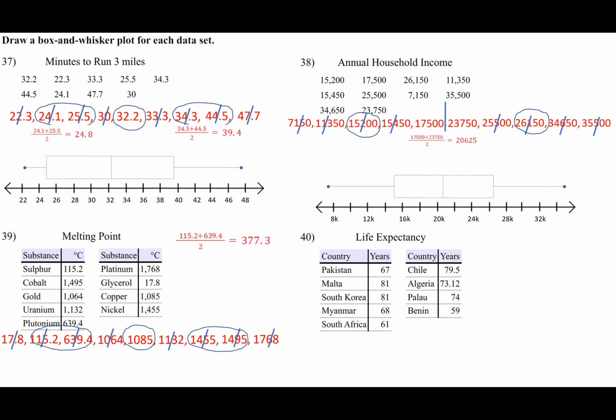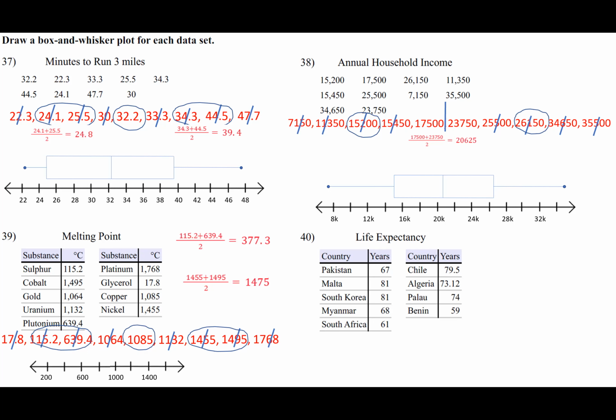For me to know exactly what's in between, I add my numbers and divide by 2, and that gives me 377.3. Now the upper quartile is in between 1,455 and 1,495. I add my numbers and divide by 2, and that gives me 1,475.